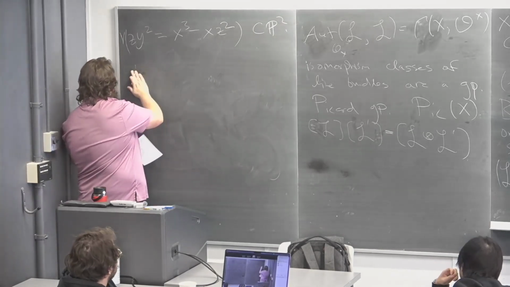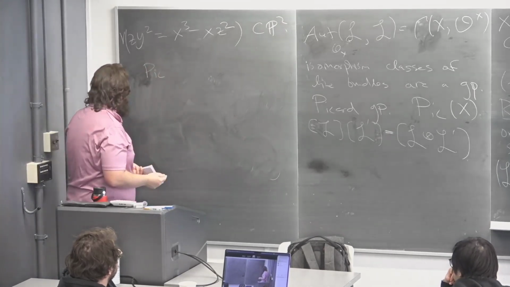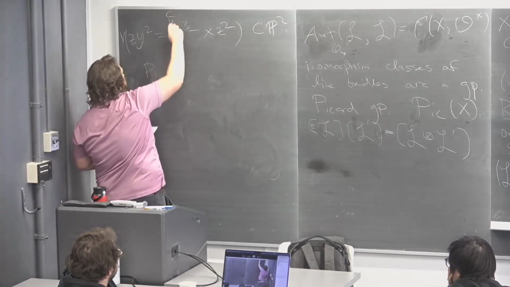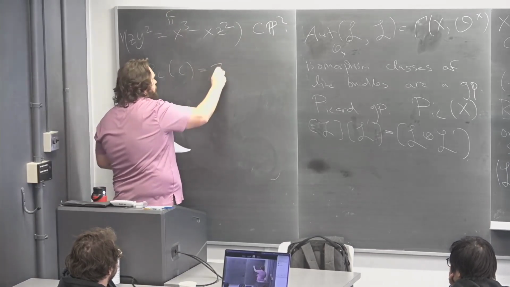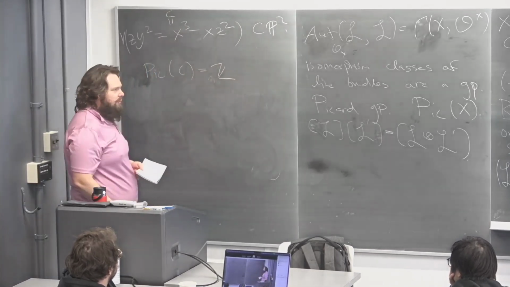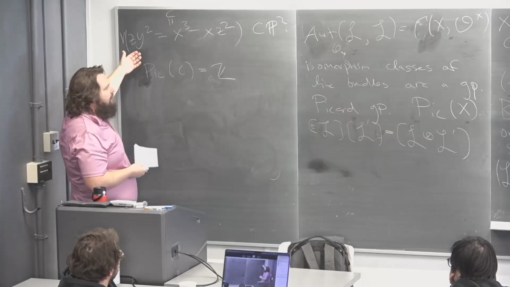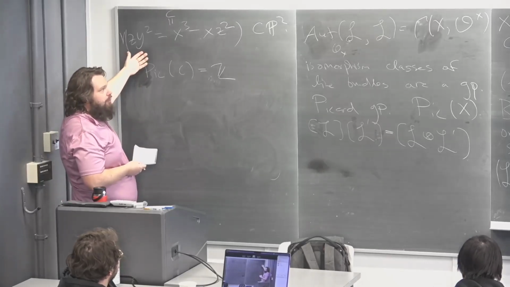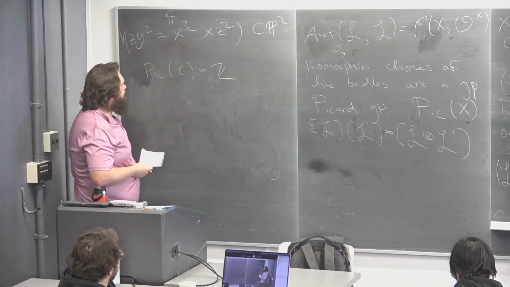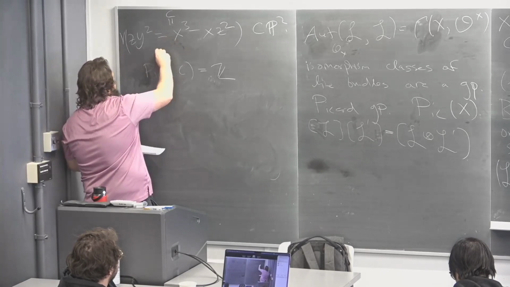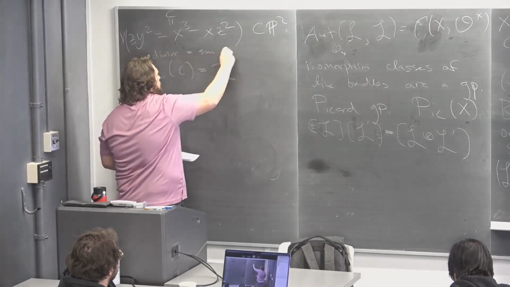We'll try to come back to this later. But if I look at Pic of this guy, let's call this C, well, I get a factor Z, which has the same flavor of what's a divisor in here? It's a finite weighted sum of points. This is smooth in dimension 1. So in this case, a divisor equals a sum of points.